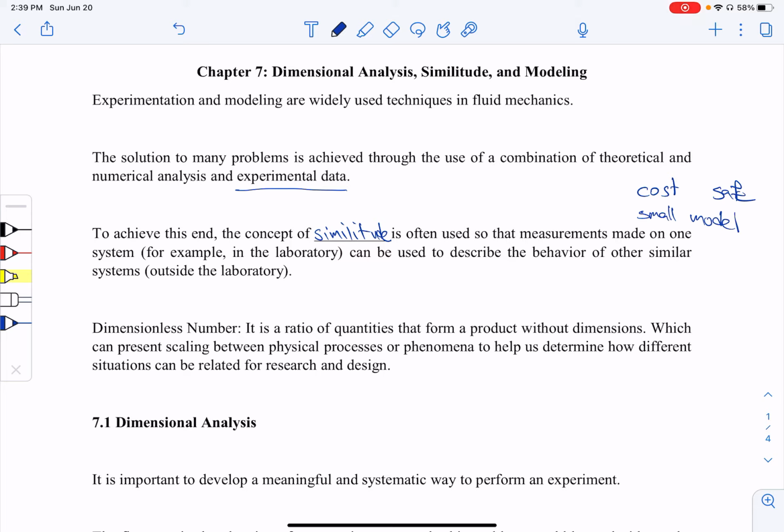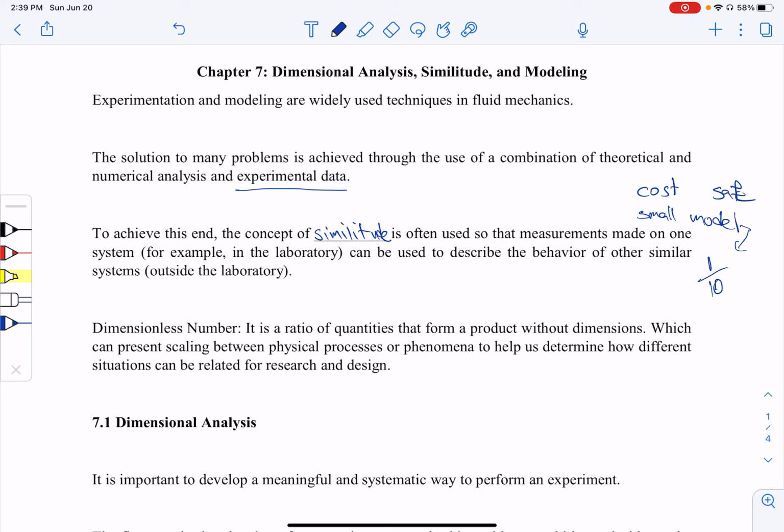But what if the scale size that we want to consider for our small model, compared to the real model, is going to be 1/10, right? But then how can we scale down the other variables?